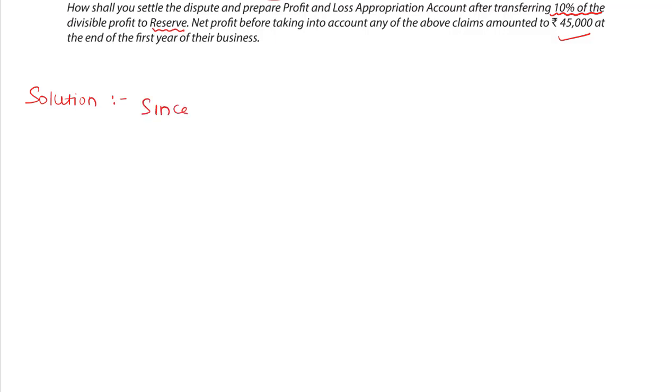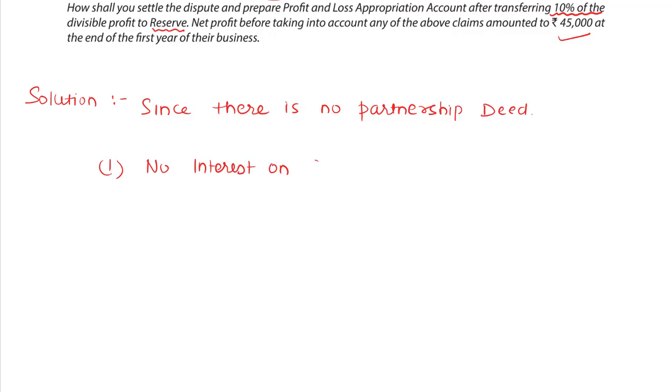You can write, since there is no partnership deed, first, no interest on capital is payable to any partners.